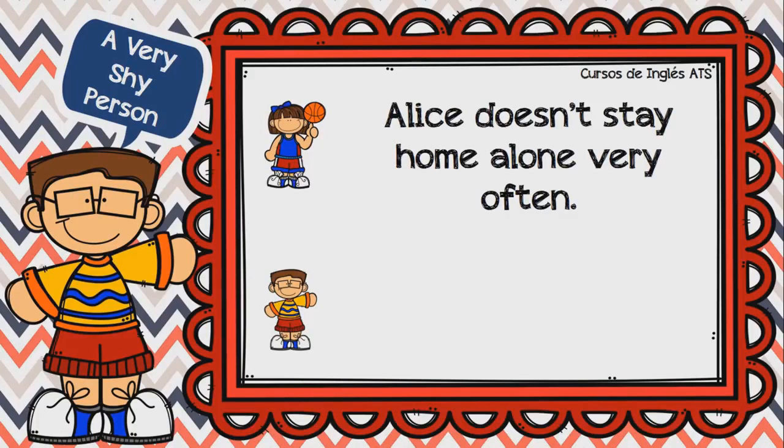Now, is this sentence in the simple present or is it the verb to be? Ahora, ¿tú qué dices? Ahora ya se cambiaron un poquito las cosas. A ver, ¿será que esta oración está en el simple present o será que es el verb to be? ¿Tú qué dices?